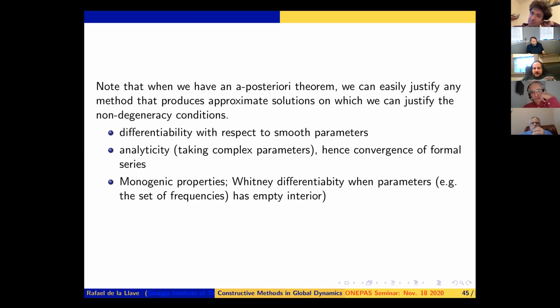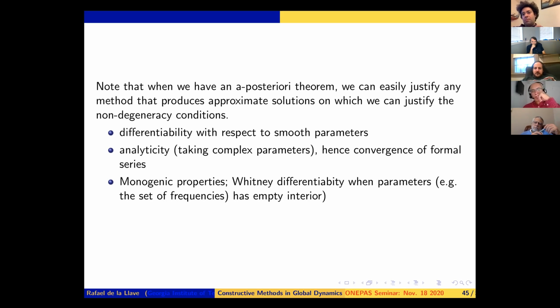Anyhow, one of the interesting things that I want to tell you is that if you have these a posteriori theorems, then you can take approximate solutions and justify them, and they tell you that the remaining terms are small. If you want to get differentiability with respect to parameters, then you can get it because you guess the expansion of the derivative, and then this is okay.